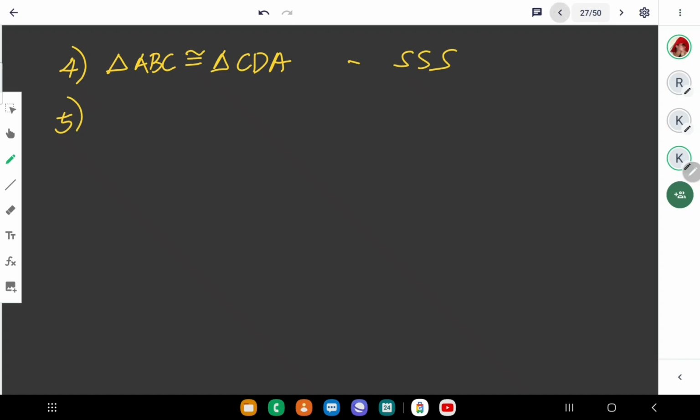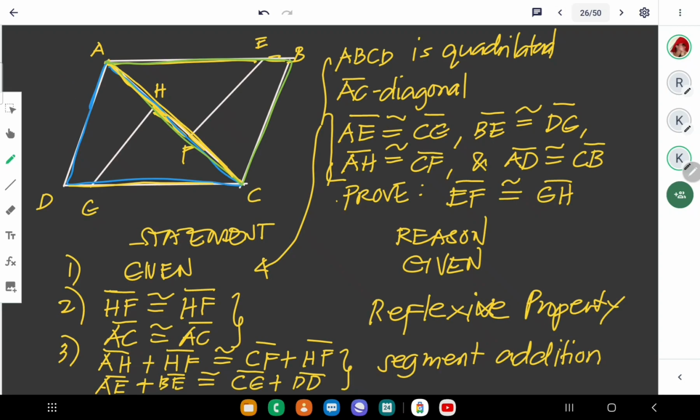Then, what's next? So this one is congruent to that one. So therefore, by CPCTC, congruent parts of congruent triangles are congruent. So therefore, the angles there are also congruent. So what are the angles that are congruent there?